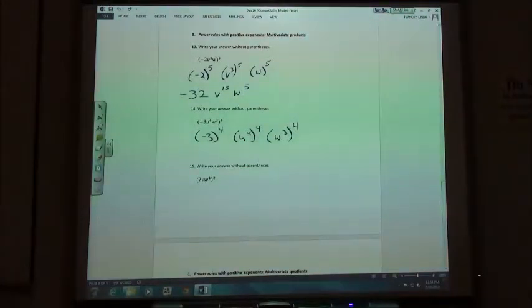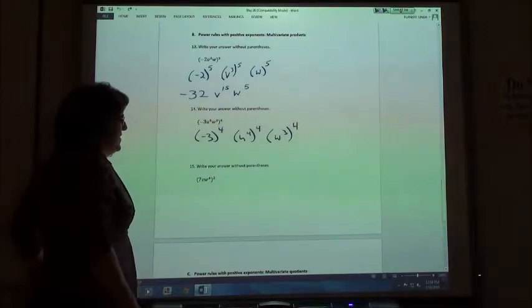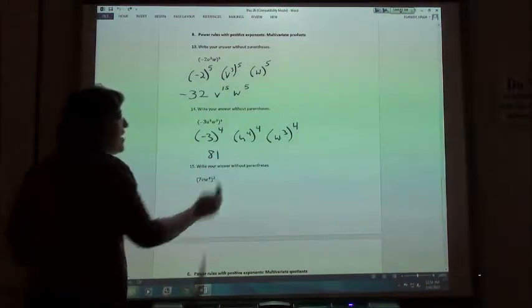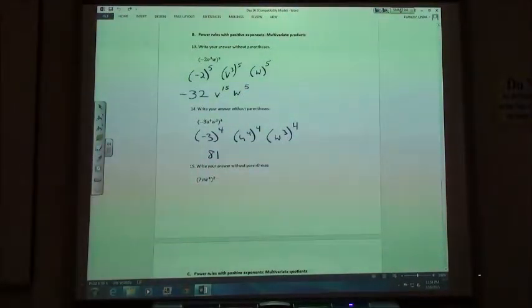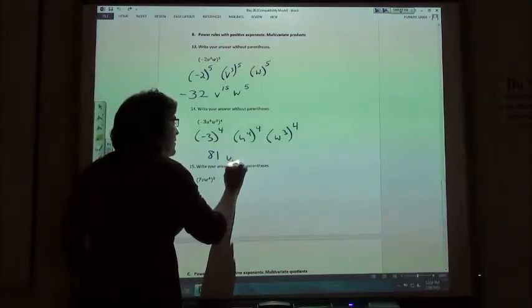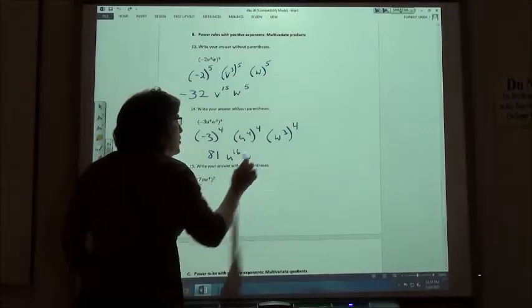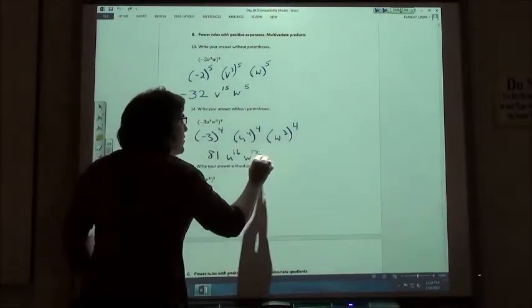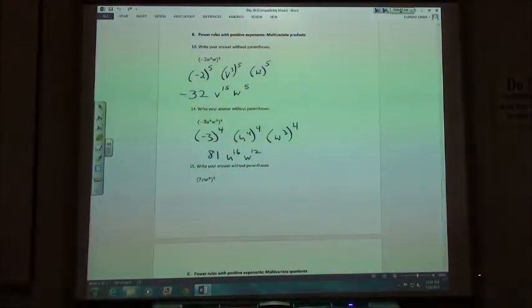You better use the parentheses if you're using your calculator. 81. It's going to be positive 81 because I have an even exponent, right? Then I'm going to get u to the 16th and w to the 12th, because when I raise my exponent to a power, I multiply my exponents.